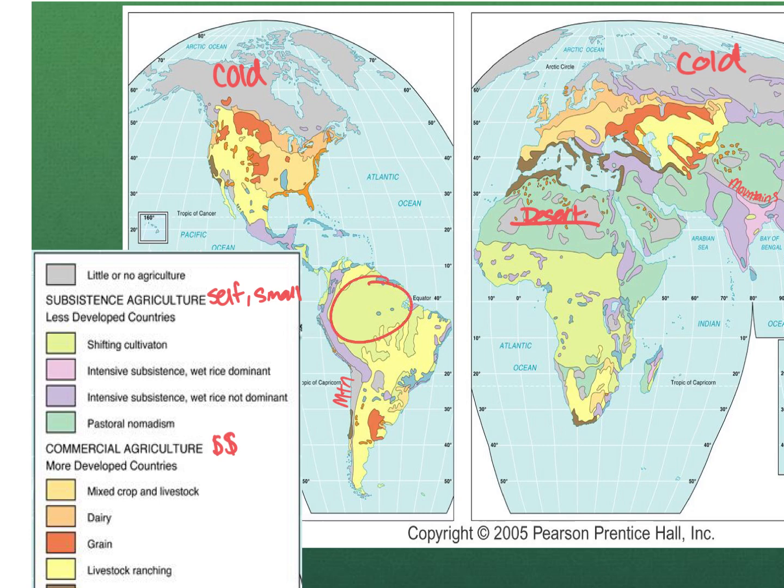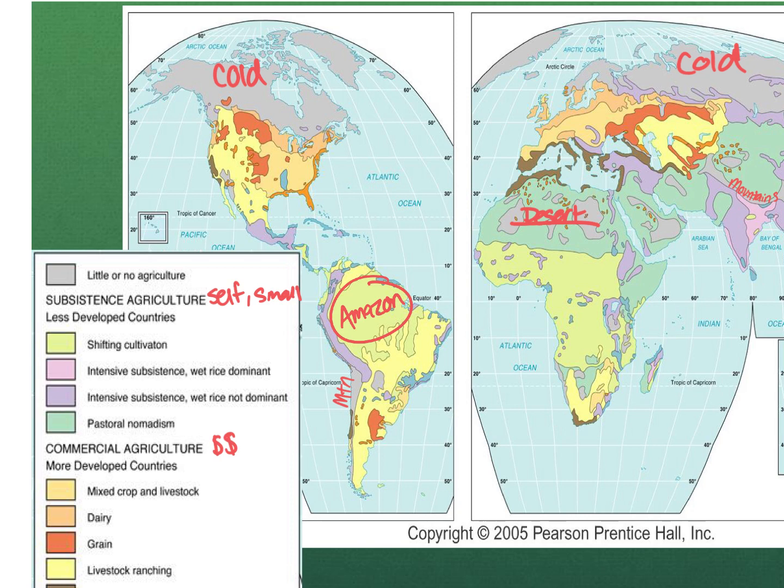What is that big area right there in South America called? Yeah, the Amazon. So lots of trees. This is rainforest, right? Same thing in Africa. That's rainforest because it lies right along the equator. And shifting cultivation, has anyone read yet? Anyone know what shifting cultivation is?